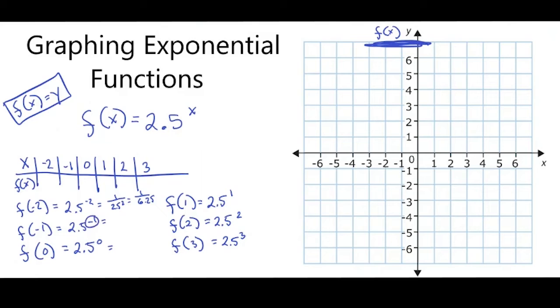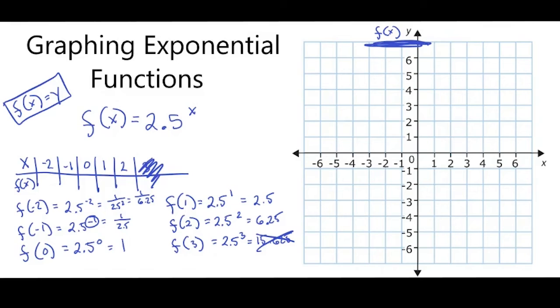Next, this -1 puts this 1 over 2.5. 2.5 to the 0 power is just 1. 2.5 to the first power is 2.5. 2.5 squared is 6.25, and 2.5 to the third power is going to be 15.625, which I'm going to tell you we are not going to graph, so you don't have to worry about when x is 3, okay?